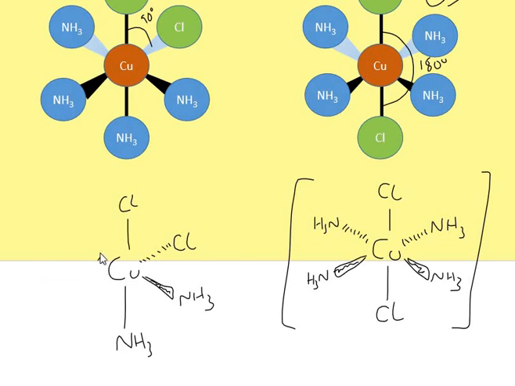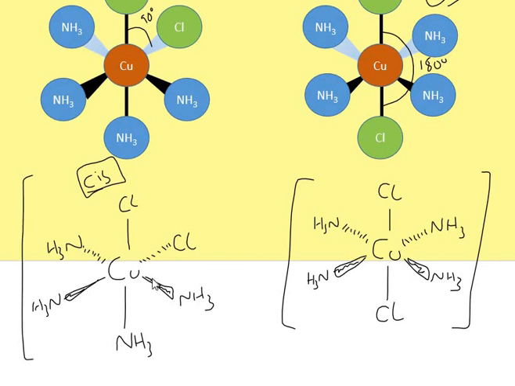Going into the plane over here, opposite that ammonia, we'll have another ammonia, and then down here, our last ligand, the ammonia again, cis stereoisomer. So this is the cis stereoisomer, and this one over here is the trans. Don't forget your square brackets yet again.